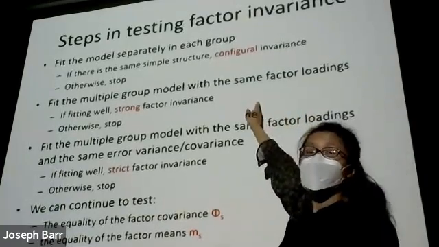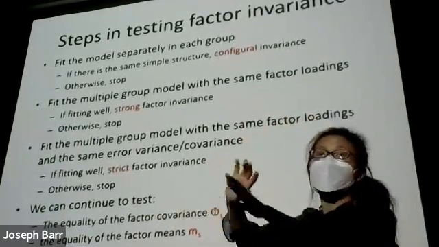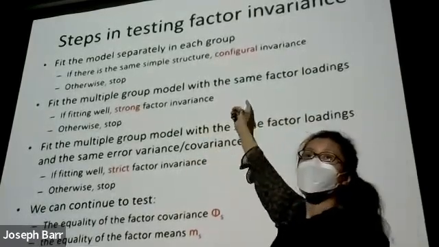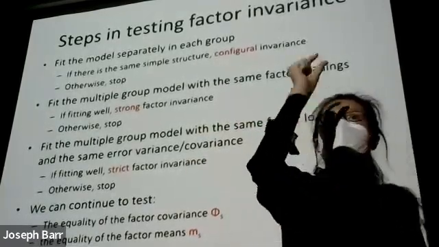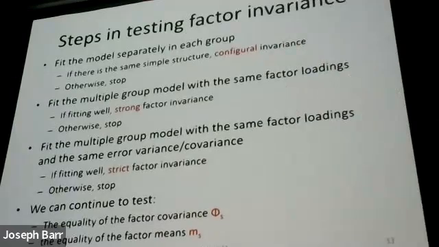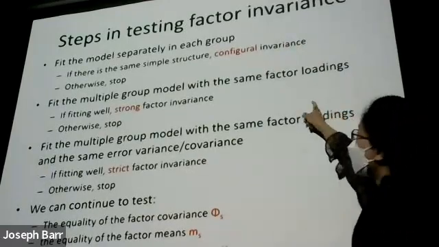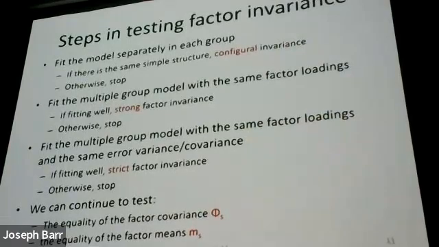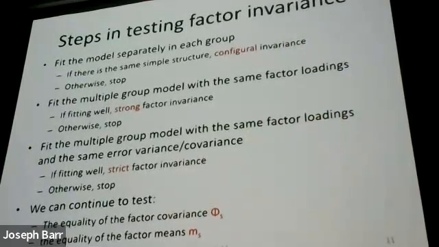This part is only for the factor loadings; for residuals or intercepts, you don't need to do that. But you have to make sure that you put the constraint on the factor loadings. Run the model and do the chi-square difference test. If the model fits well, and they satisfy this condition, then it has strong factor invariance.